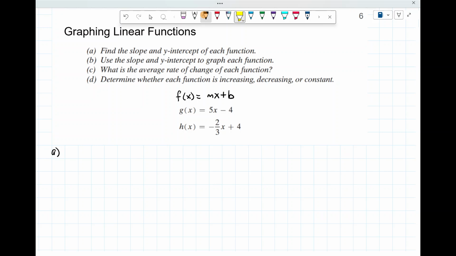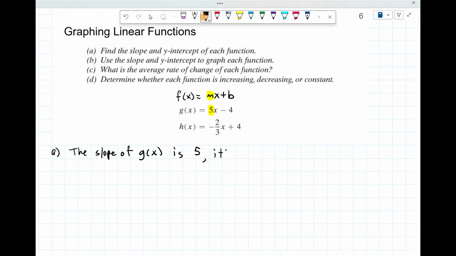First, let's start with g of x. The slope of g of x is, and again our slope will be the number that is multiplying by x, which in this case is 5.